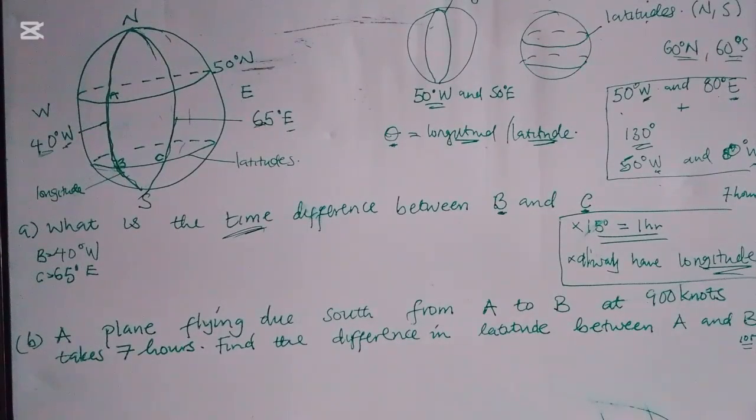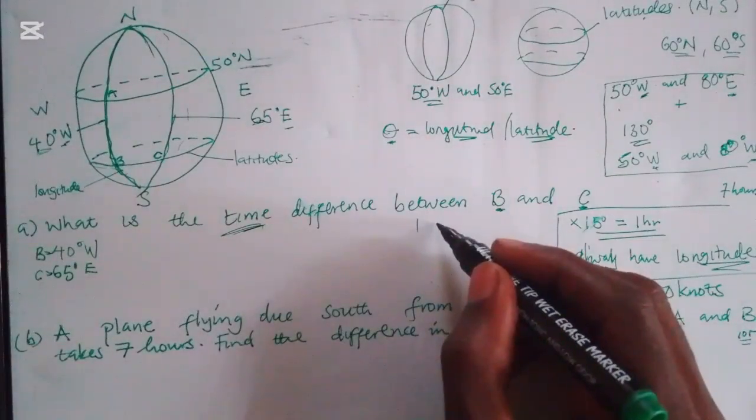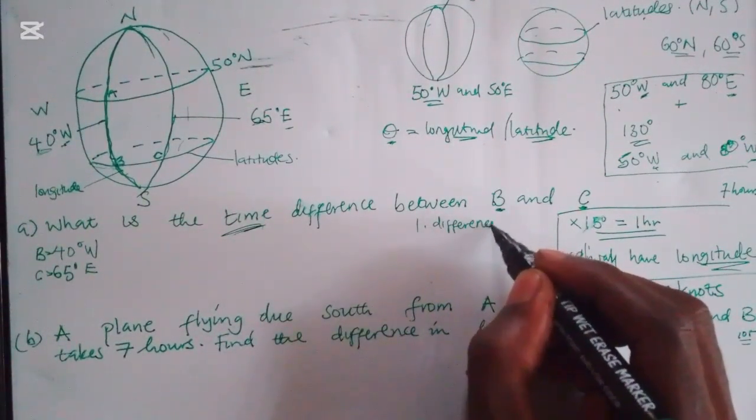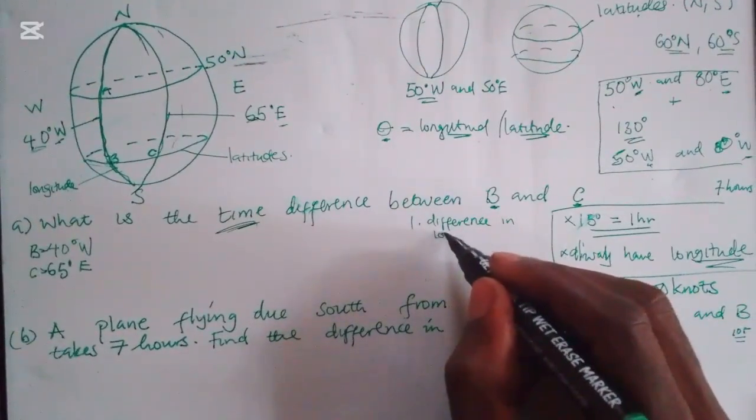I told you the first step to calculating the difference in time is to first calculate the difference in longitude. So the first step is to calculate the difference in longitude.